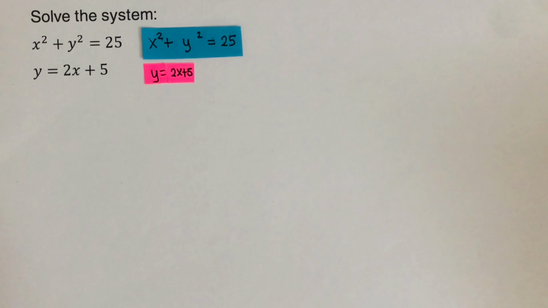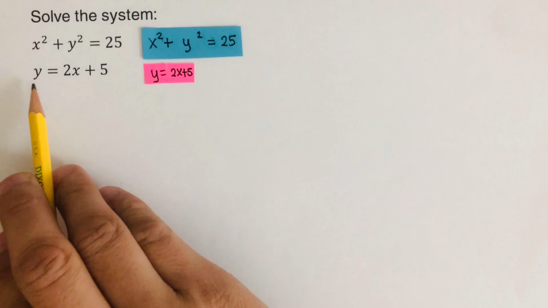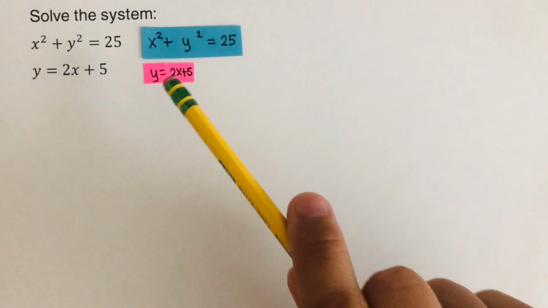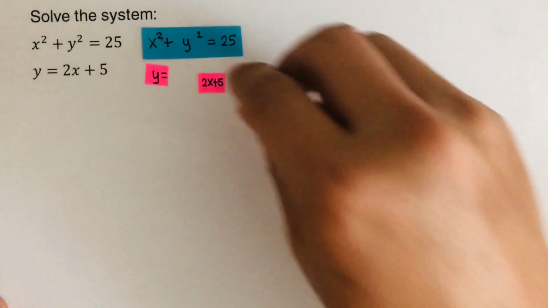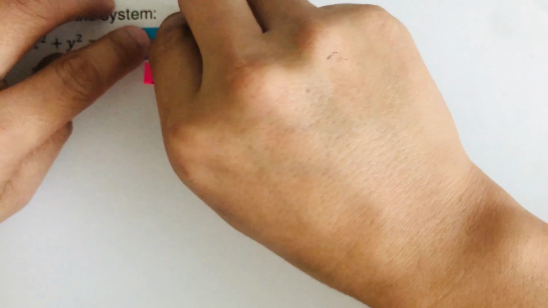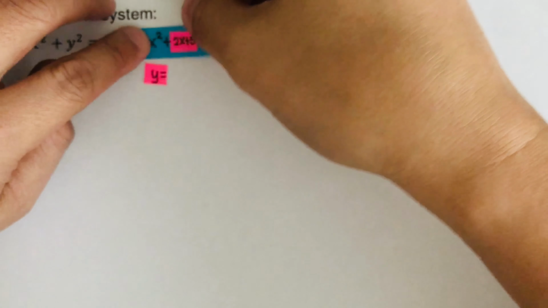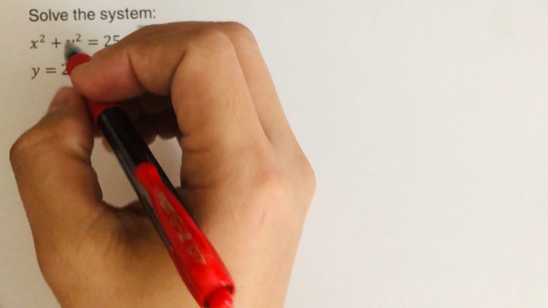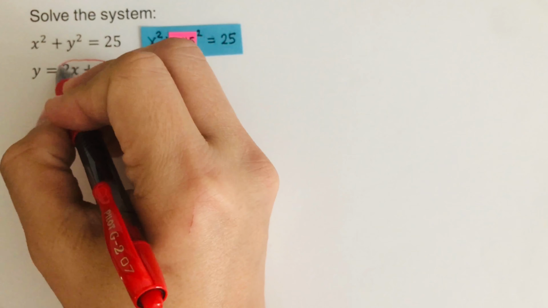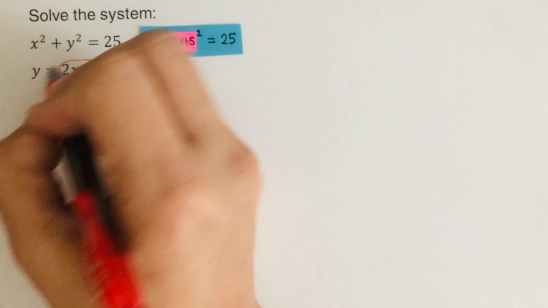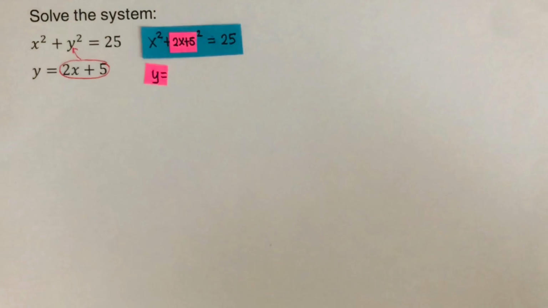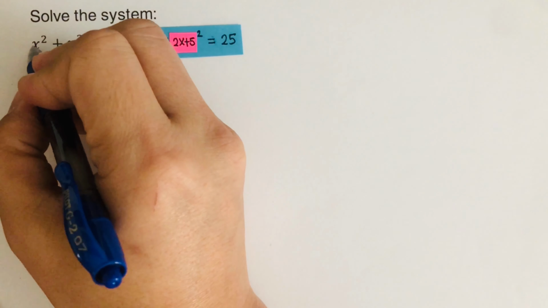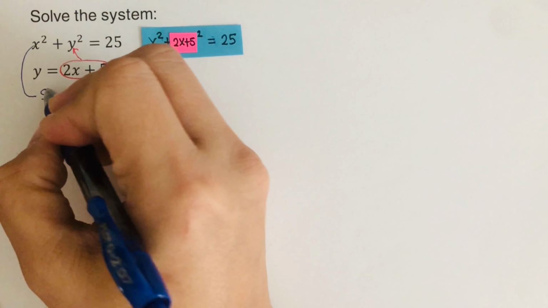As you can see, the y is isolated by itself in the second equation. Since that is equal to y, I can take this and put it into the y of the first. So this is step one right here.